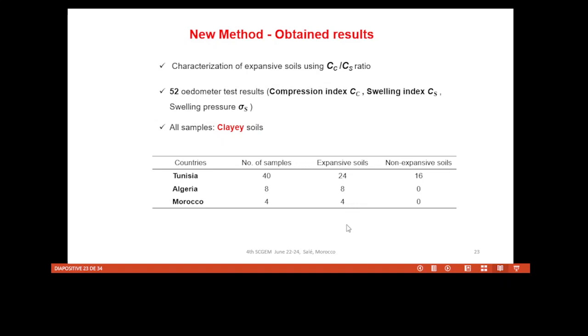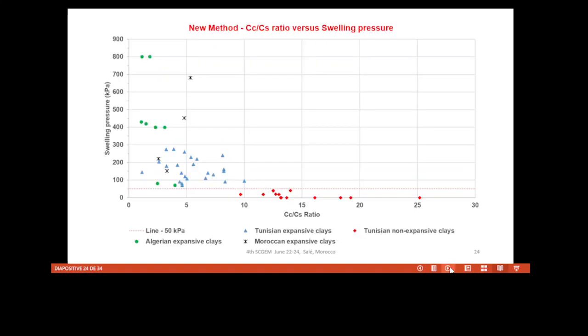And in total, between Algeria and Morocco, we have exactly 12 samples. And now let us see in this chart that represents the swelling pressure as a function of the CC by CS ratio. And as we can see here in red, the Tunisian non-expansive clays, and in blue the Tunisian expansive clays, in green the Algerian expansive samples, and here the 4 Moroccan expansive samples.